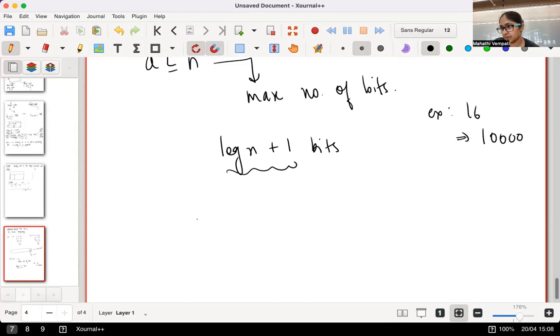So with 0 indexing, it would be less than 2 to the log n plus 1, right? Which is equal to 2n. So that seems fair. How many bits am I using for this?